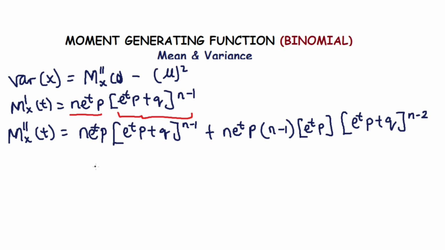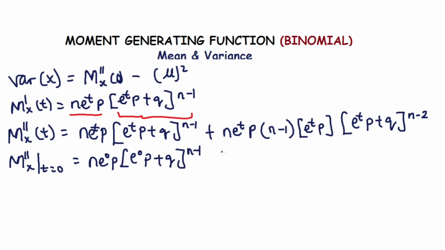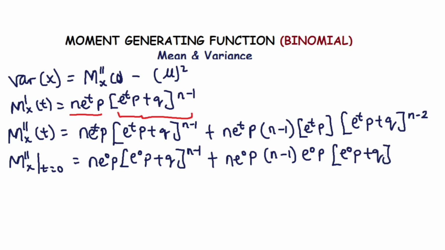So all I have to do now is to substitute 0 for t. The second derivative with t equal to 0 will be n e^(0p)(e^(0p) plus q)^(n minus 1) plus n(n minus 1) e^(0p) e^(0p)(e^(0p) plus q)^(n minus 2).